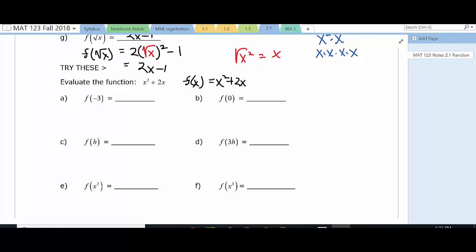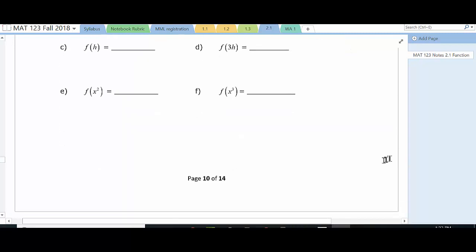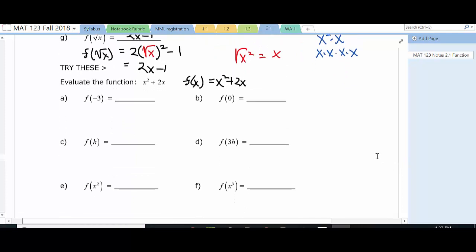We're going to work on that a little bit today too. I just want you to be careful with your arithmetic and your negatives and that kind of thing, and see what we get here.